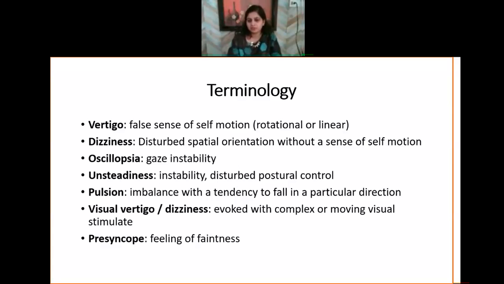You should not worry about what vestibular is. You should not be afraid of it. You just need to make things familiar to you. And once you get used to it, once you start seeing patients, it will come to your fingertips. You are able to treat them very easily.